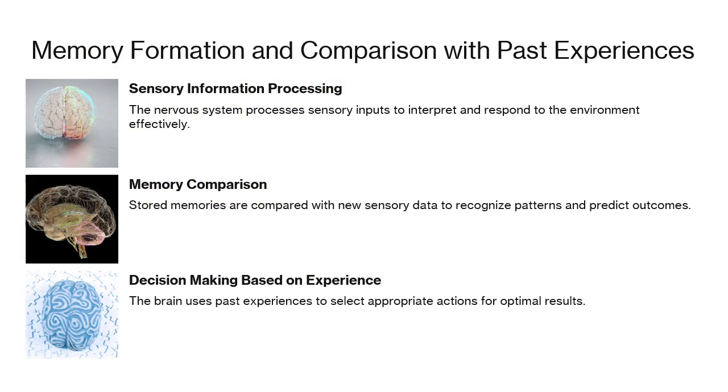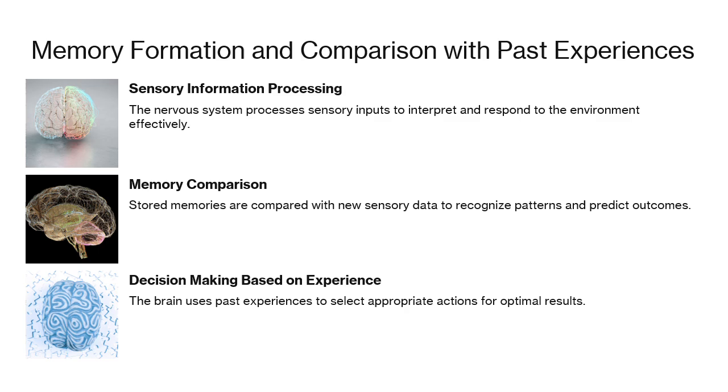So within this sensory information, it's kind of compared to storing memories. It allows the nervous system to predict outcomes, choose the best course of action. So with sensory information processing, the nervous system is processing, interpreting, and responding to this information more effectively.